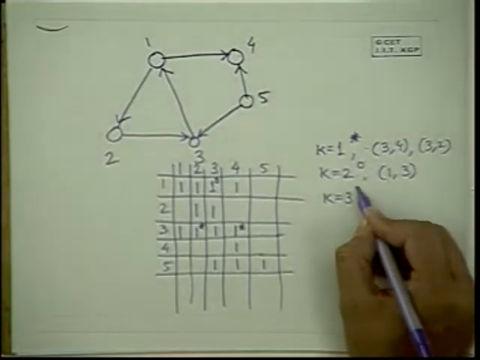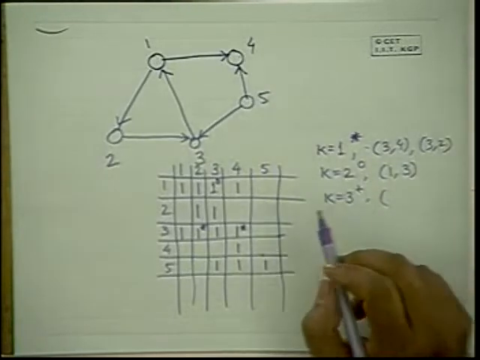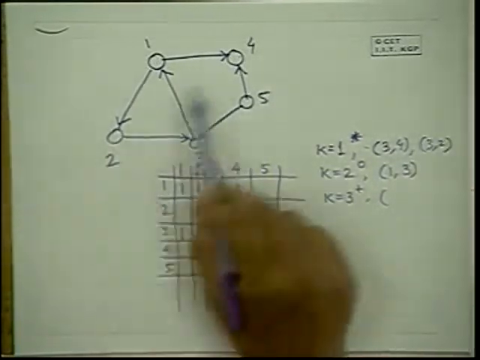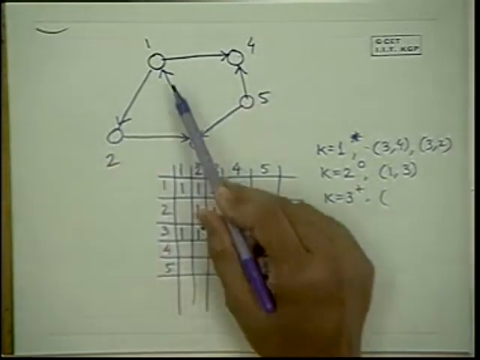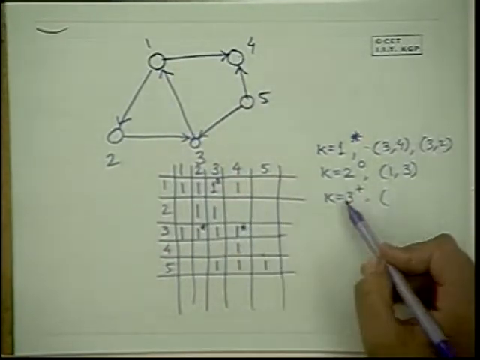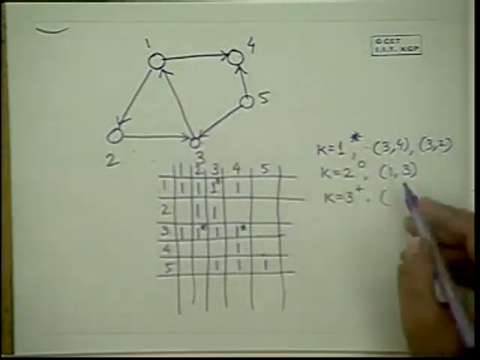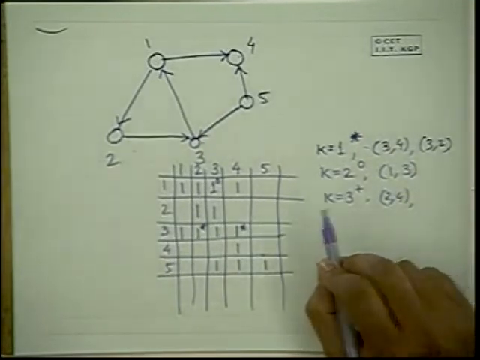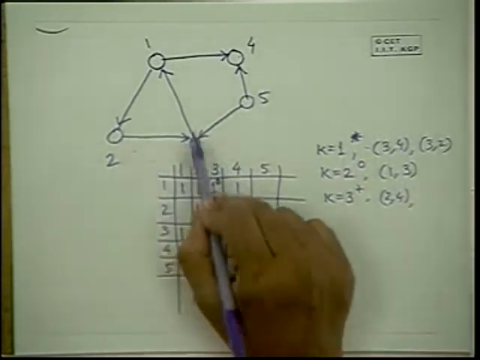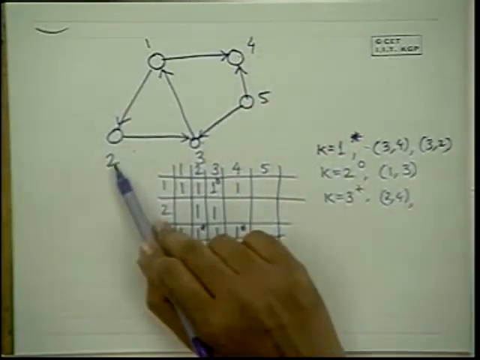Then comes k is equal to 3, I am denoting it with plus. For k is equal to 3, there will be many. First look at 2 to 4. There is a path 2, 3, 1, 4, and this is allowed because k is equal to 3 now.